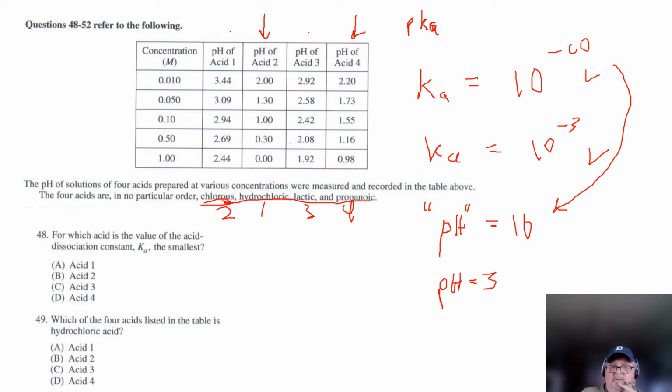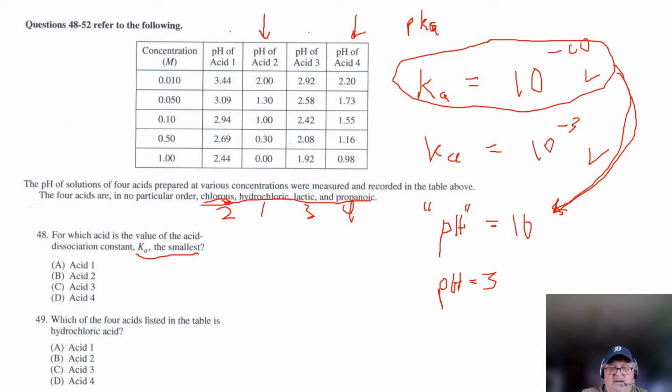I know that this guy here is smaller, and therefore it has a larger pH. So the question says I'm going to look for a small Ka, so I should be looking for a high pH. Which one of these four has the highest pH? Acid 1.